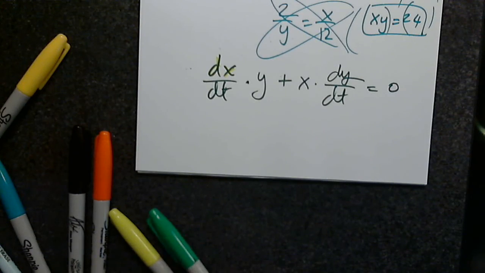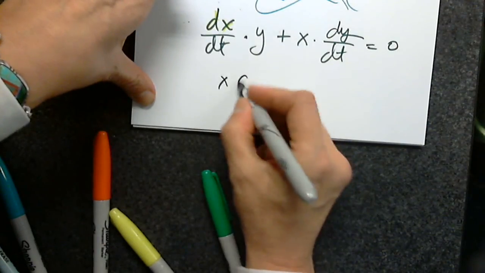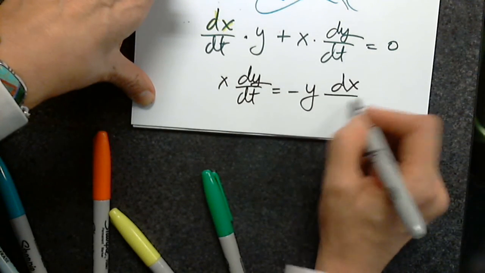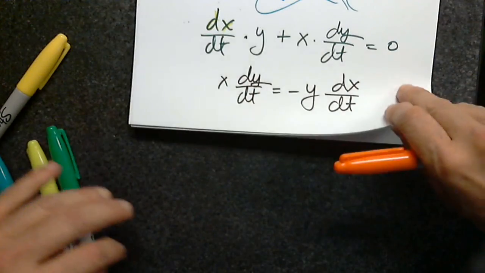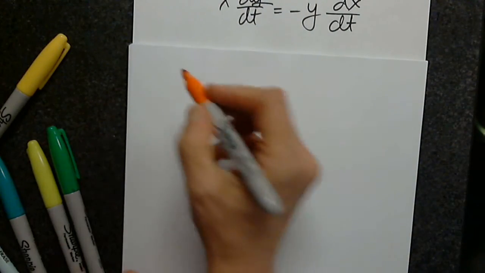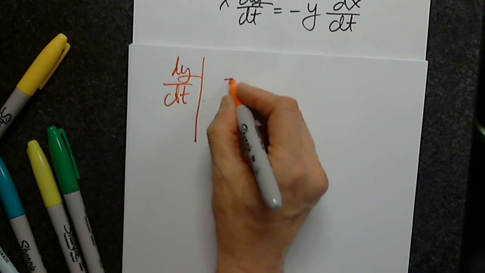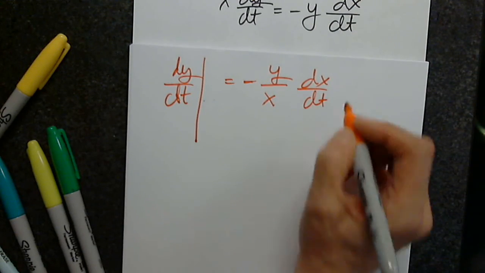What am I solving for again? Very good. So then I have x dy over dt equals negative y dx over dt. And I divide both sides by x. Very good. So then dy over dt equals negative y over x dx over dt.